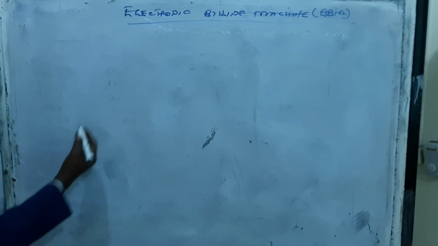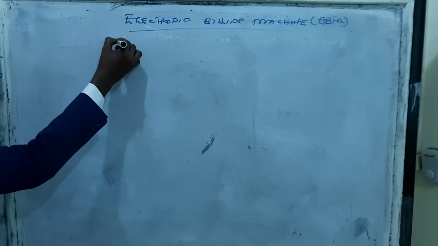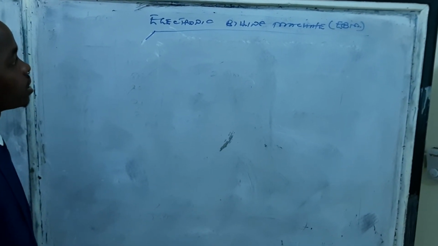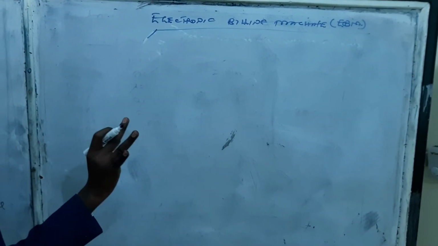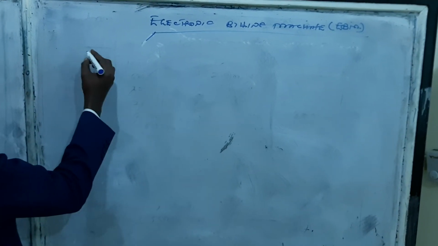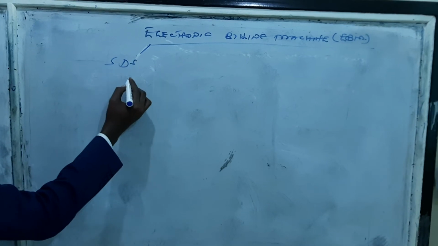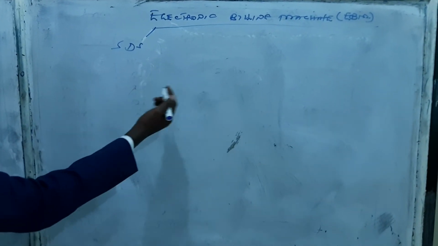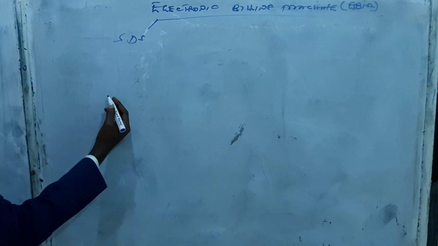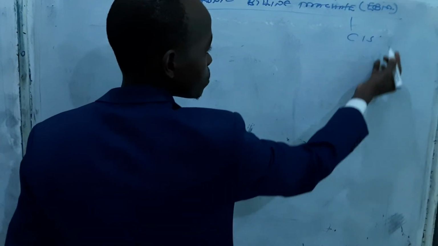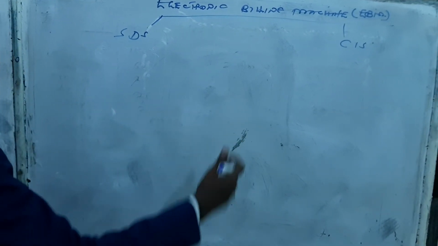Number one is the SDC, sales data controller, and the other one is the SIS, which is the certified invoicing system.